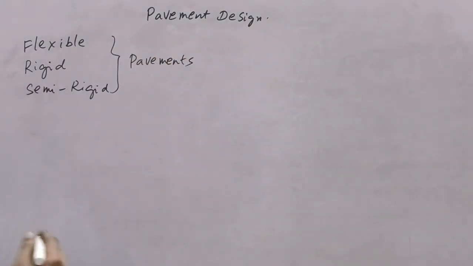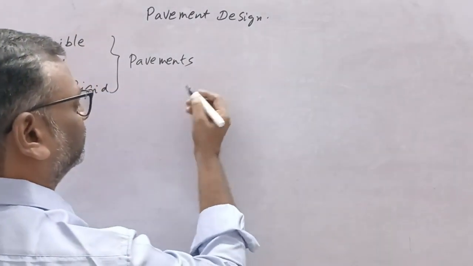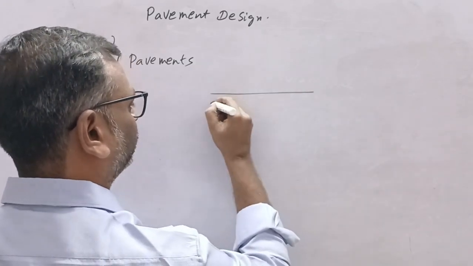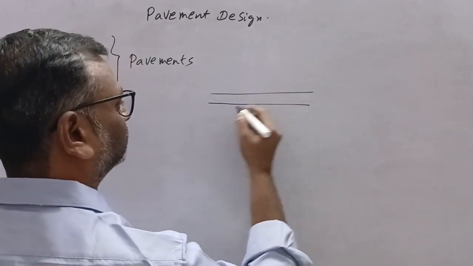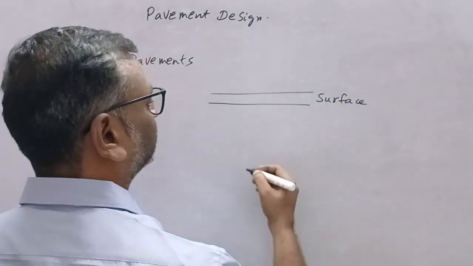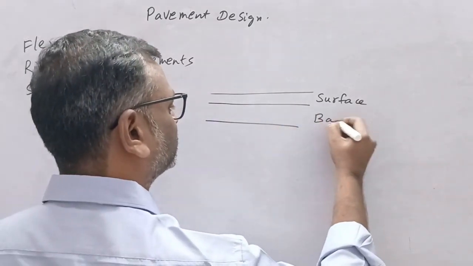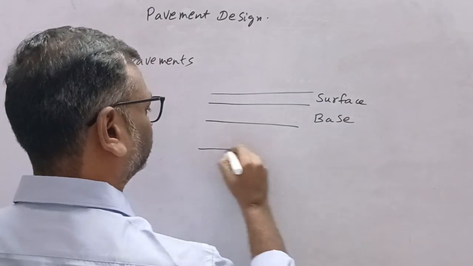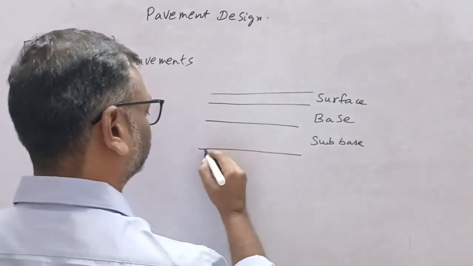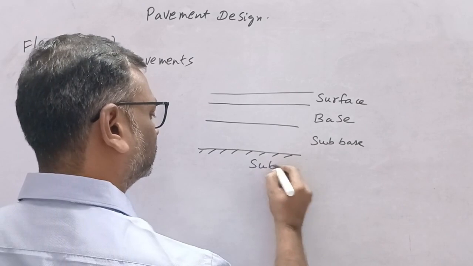So what is a flexible pavement? We have different components in flexible pavement. We'll give a slight introduction to it. The top layer we call the surface layer. We have base, sub-base, and this is subgrade.